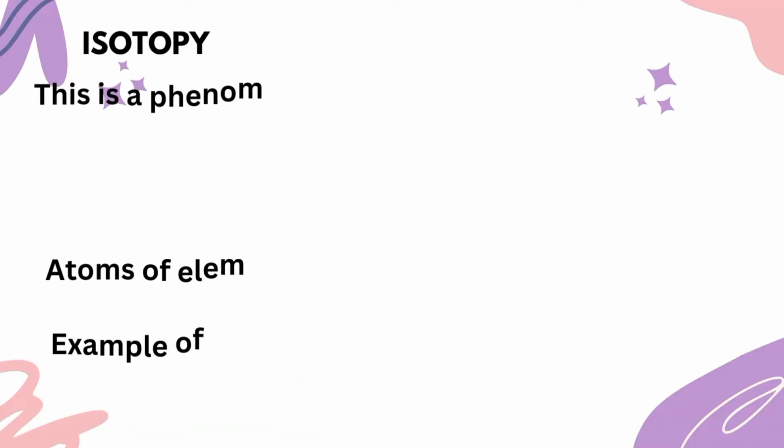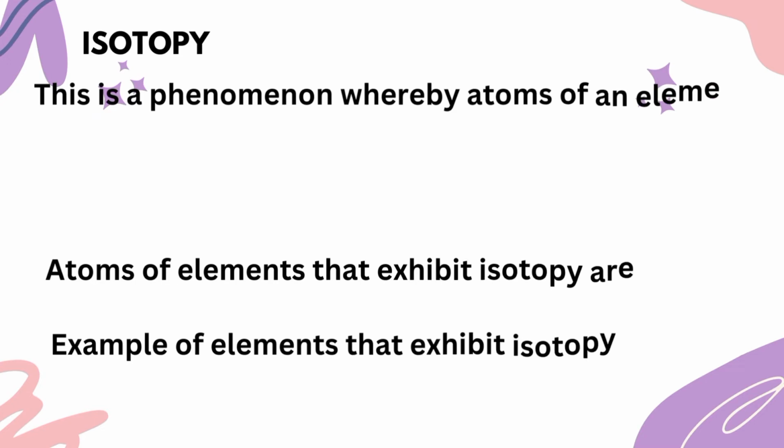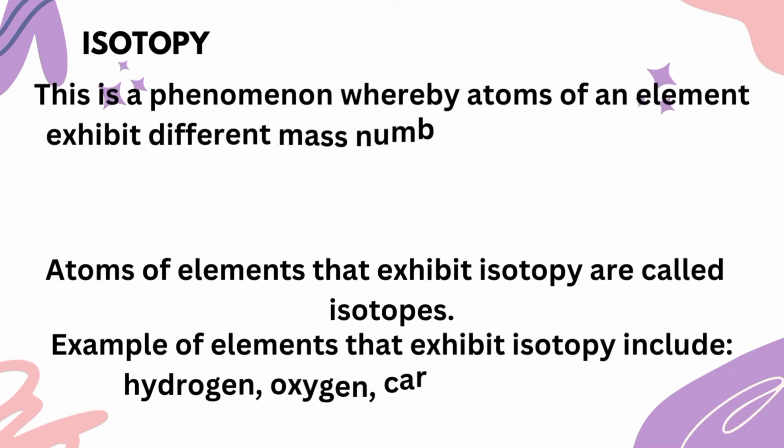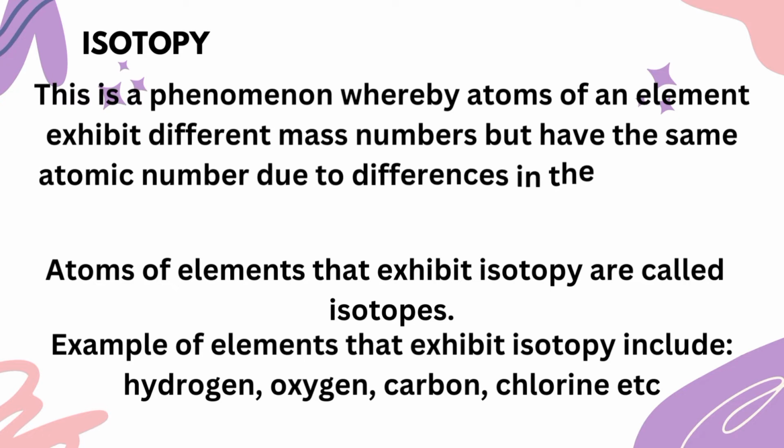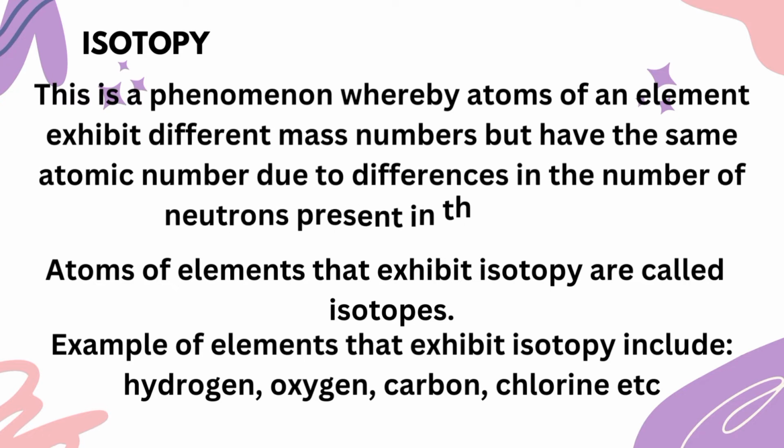Next, we'll be talking about isotopy. Isotopy is a phenomenon whereby atoms of an element exhibit different mass numbers but have the same atomic number. This is due to the differences in the number of neutrons that are present in these atoms.